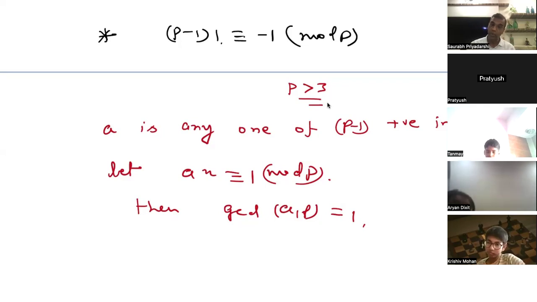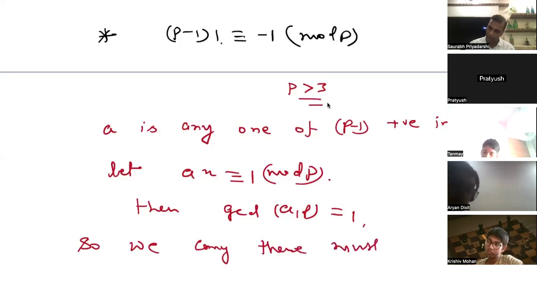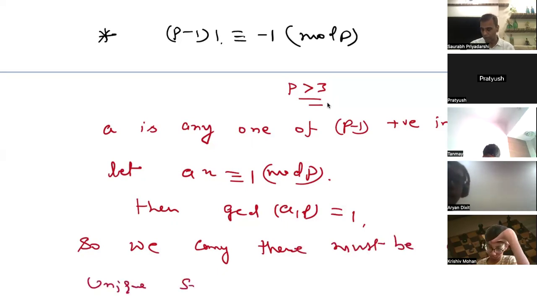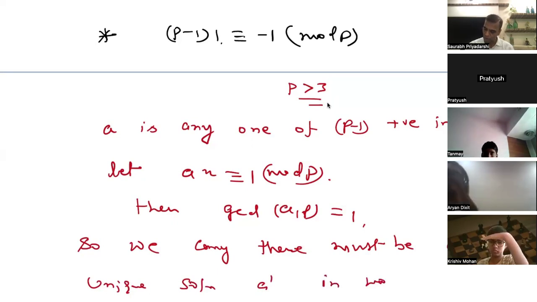Then this must be the unique solution in modulo p. There must be a unique solution in modulo p. So we can say there must be a unique solution a' in mod p.